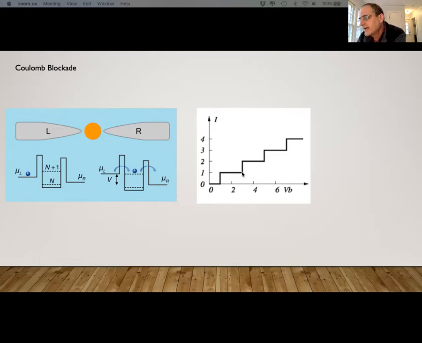If we keep turning up the voltage, we'll actually align the energy of the electrons in the source with the next confined state. And then the current will increase again. Essentially, now we have two channels that conduct electricity, one through the state here and one through the next highest state.